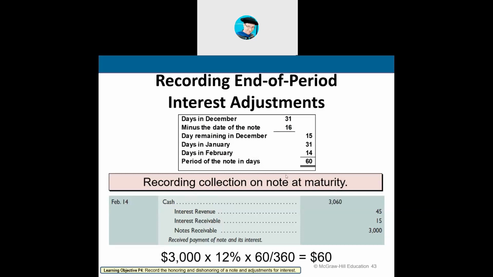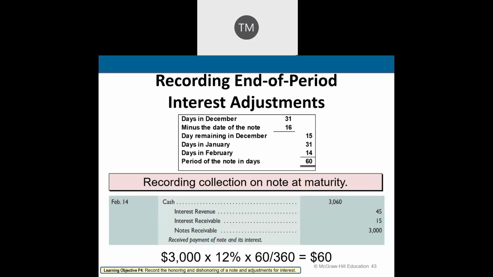I have a question to ask you. Yeah, go ahead, Mark. With this one right here, the one you're on right now, let's say the $3,000 that this company owes you, times 12% times 60 over 360.